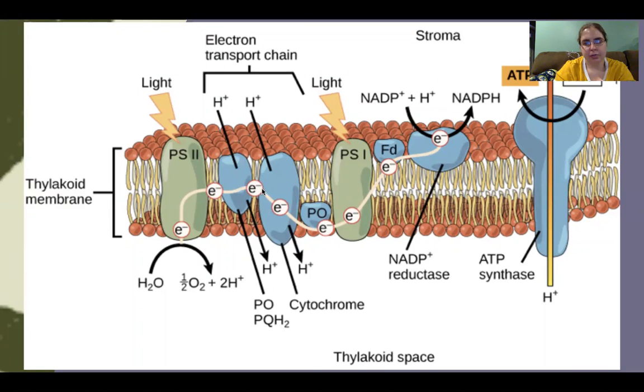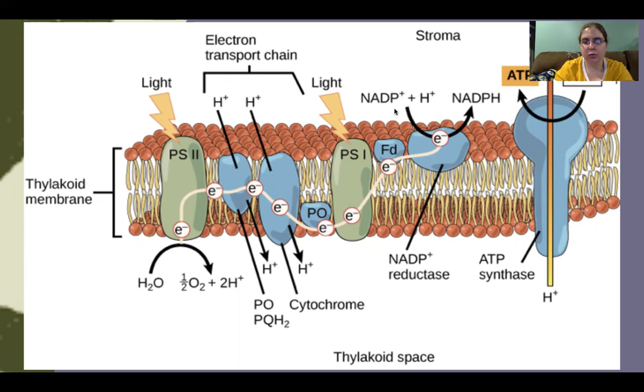As the electrons are passed from one protein to the next, they use energy, and that causes hydrogen ions on the outside of the thylakoid, in the stroma, to be pulled across the membrane into the thylakoid itself. More energy via light is passed on to the electrons, and they end up on this last enzyme, where they get picked up by NADP+.